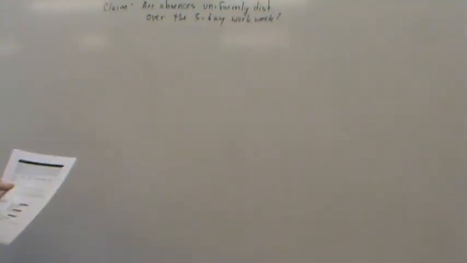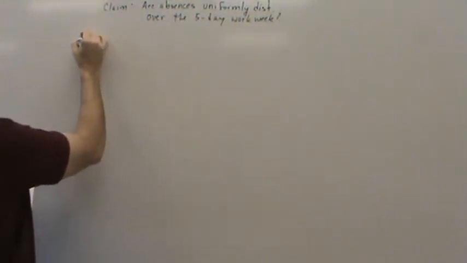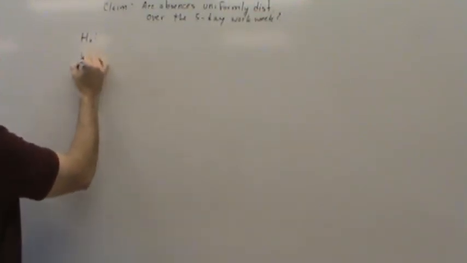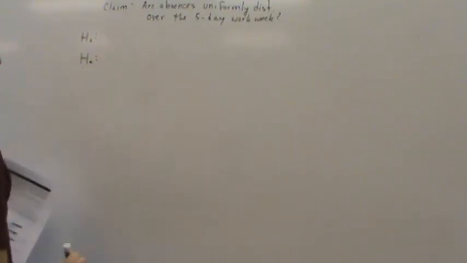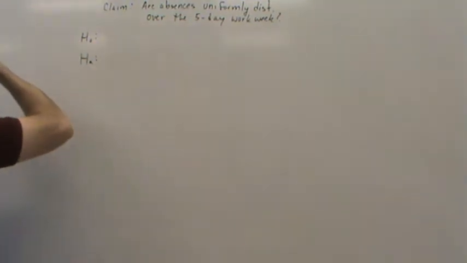Now, our null and alternative hypotheses are going to be as follows. We're going to assume that the data fits the distribution. So in this case, we're going to assume that the data fits a uniform distribution.